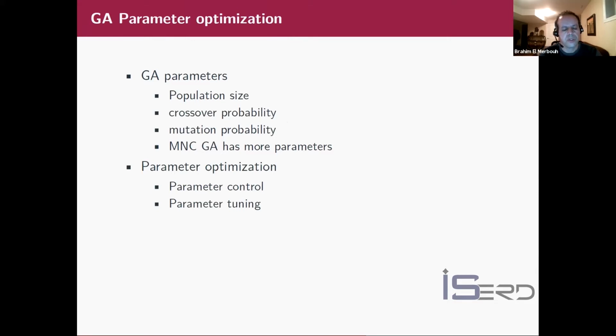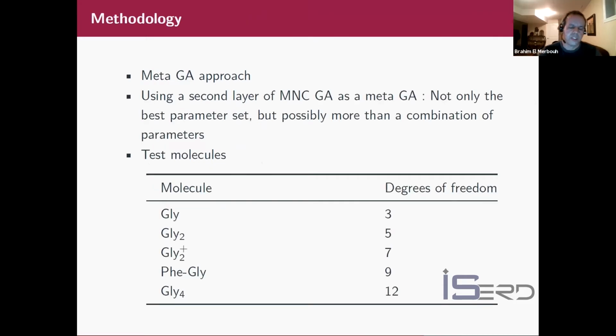For parameter optimization, there are mainly 2 techniques that are used: parameter control and parameter tuning. These are 2 types of approaches that we can use. In this study, we use parameter tuning. Among those parameter tuning techniques, we have used the metagenetic algorithm approach, which is basically using a second layer of genetic algorithm in order to optimize the parameters of the underlying one.